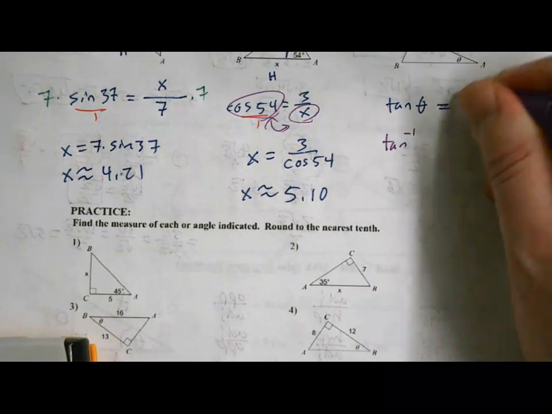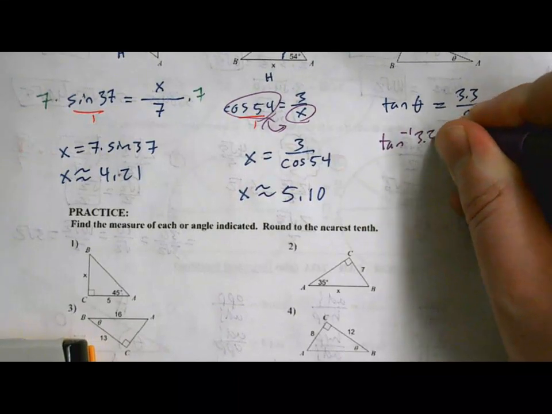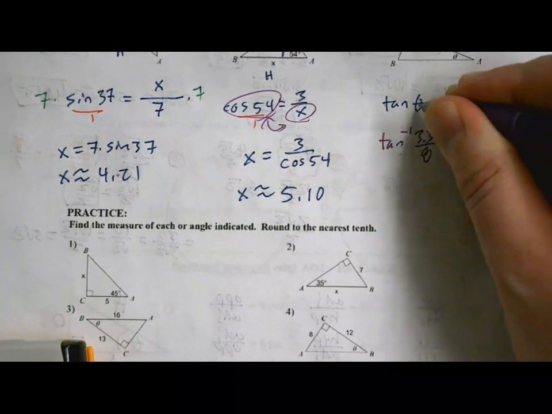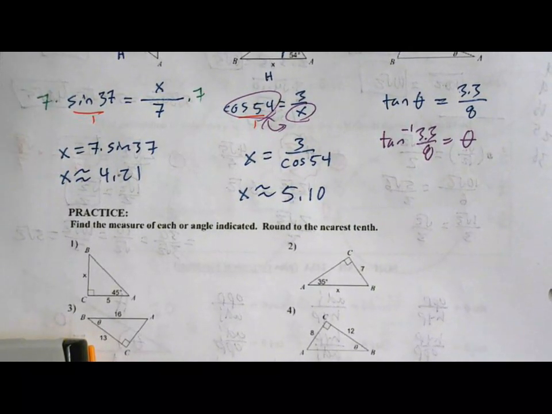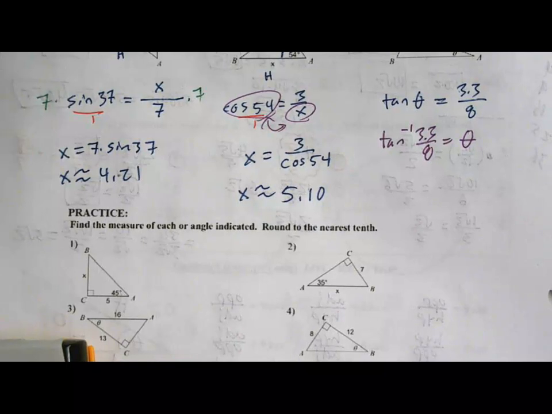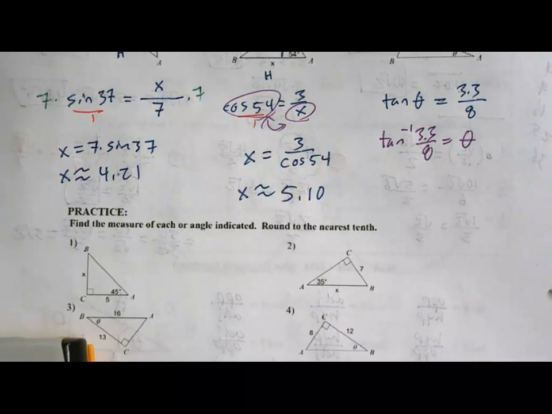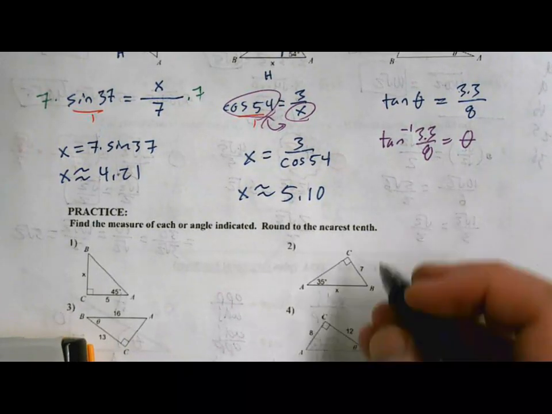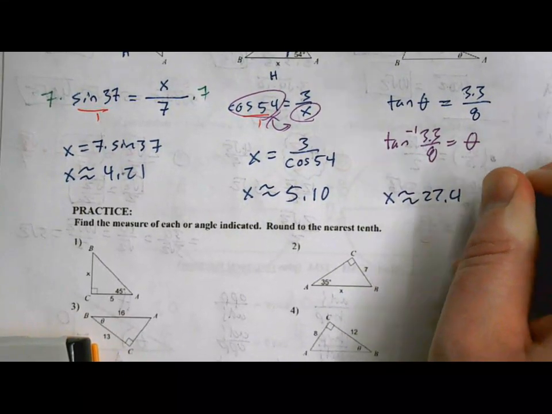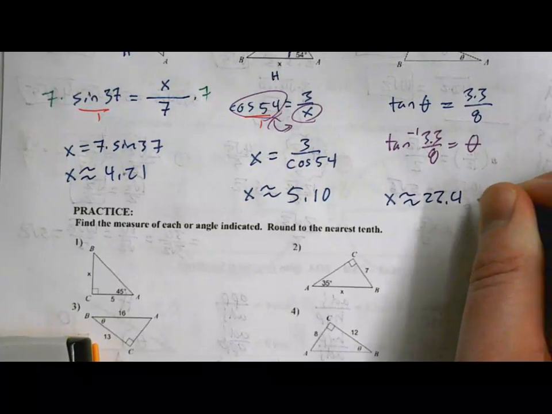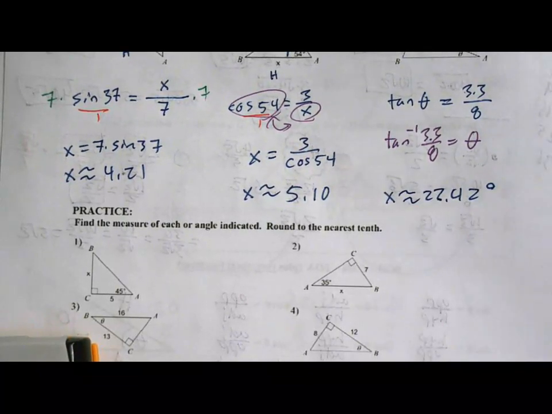So this was our output, it becomes our input. And theta was our input, it becomes our output, and now we can type that into our calculator. Make sure you put units on that. That's 22.42 degrees.